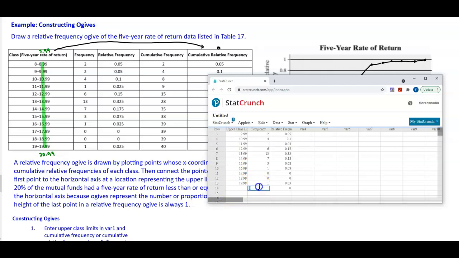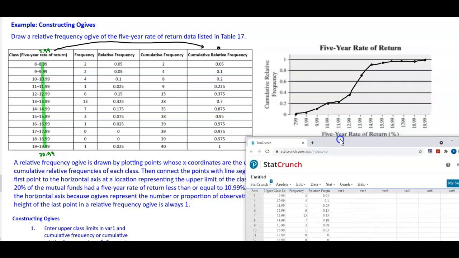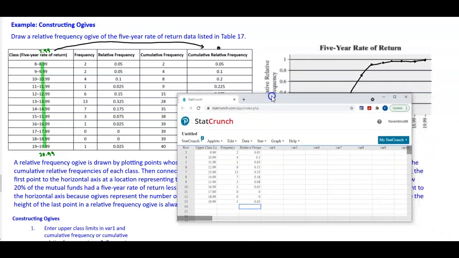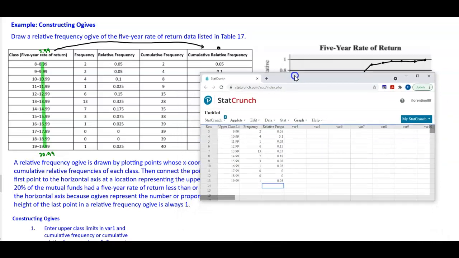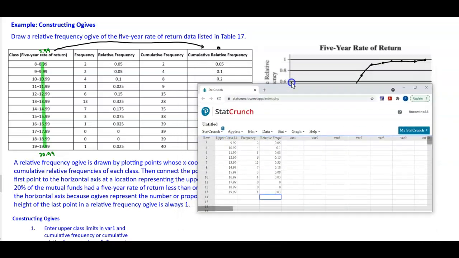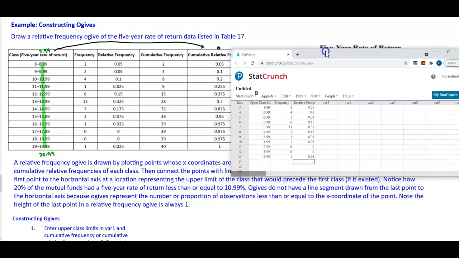We don't need that last one because we didn't need it for our previous one. Then recall that we're looking at the cumulative and the cumulative relative frequency distribution. So remember here that we want the cumulative and the relative.